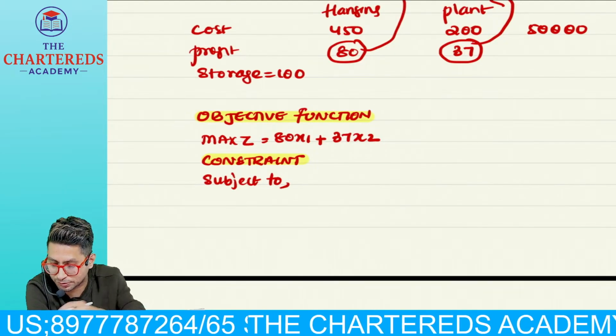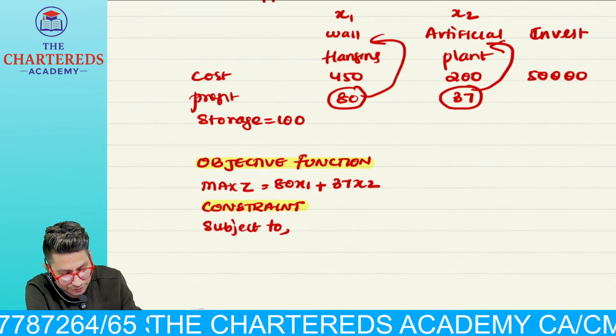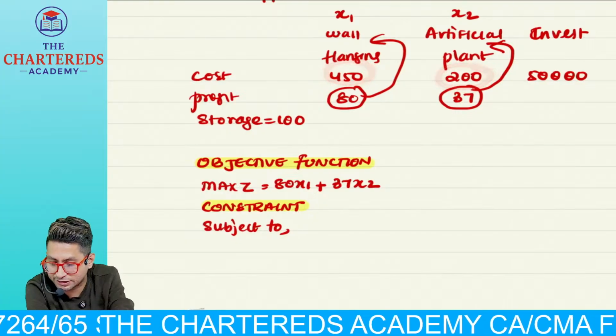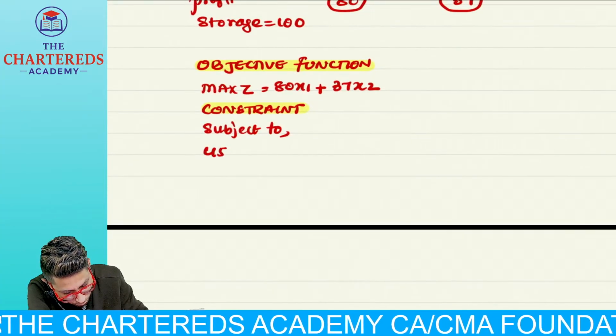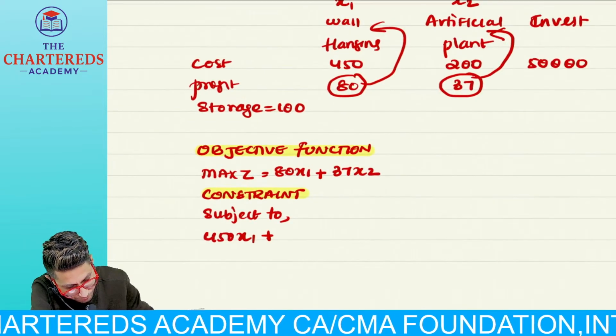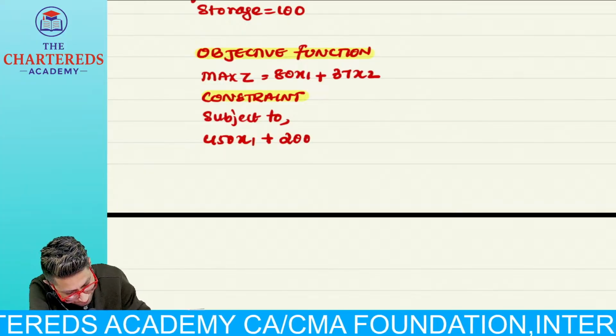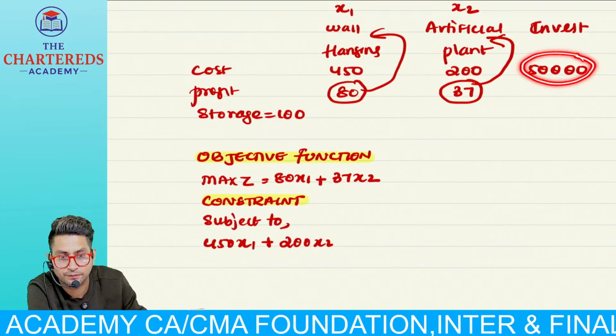What are those constraints? Cost. What is the maximum I can invest? So it is 450 x1 plus 200 x2 subject to maximum amount.